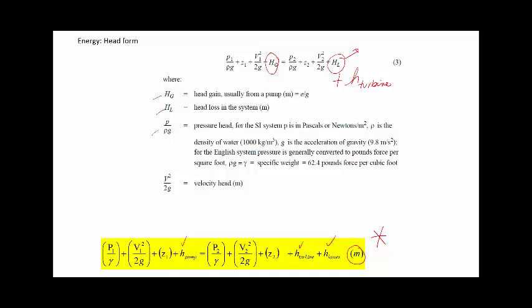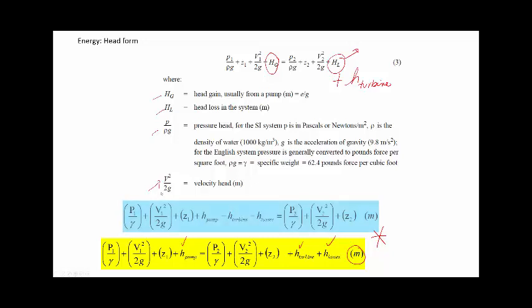You have the pressure head, so if you have a pressurized system, and then you have the velocity head. And all of these are in units of meters or feet. So here we have the expression, and you can have them on the left side here or the right side here. Just make sure that if you move them to the left-hand side, that you're subtracting and not adding.